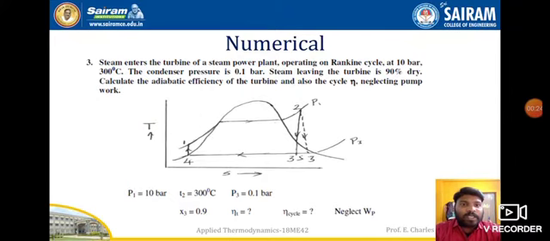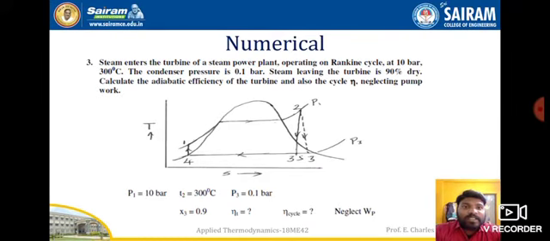The condenser pressure is 0.1 bar. Steam leaving the turbine is 90% dry. Calculate the adiabatic efficiency of the turbine and also the cycle efficiency, neglecting pump work. So this is the problem that we are going to solve today.